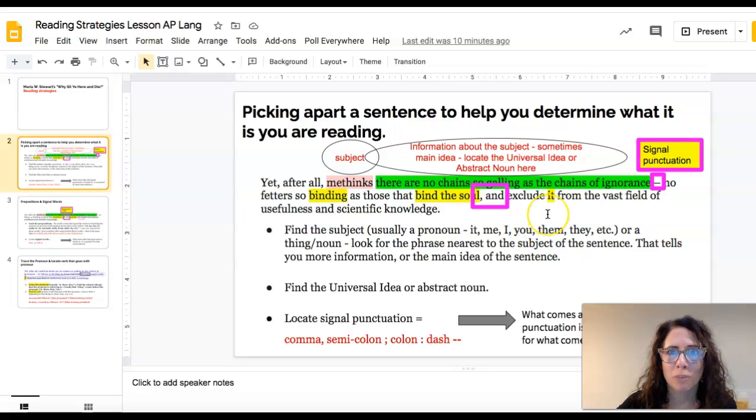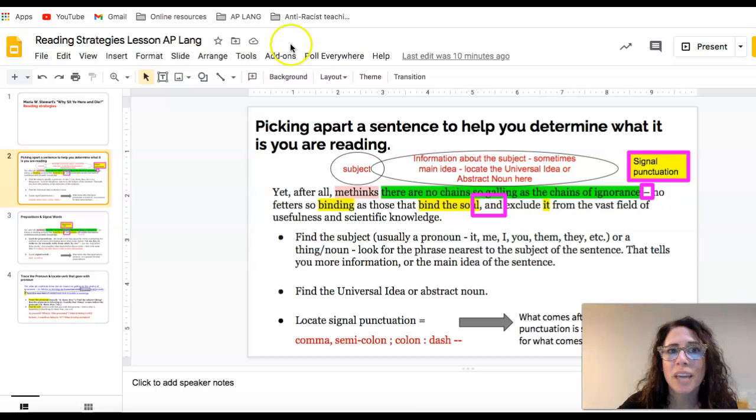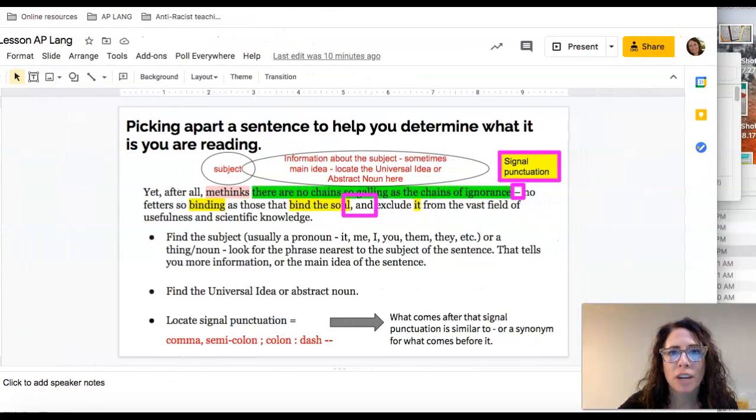It'll tell you more information and help you chunk and break down the pieces of a sentence. So when we have a complex sentence, we know that we can handle it by finding the parts of it, isolating the parts of it, understanding one part at a time, and then piecing it back together. So important, though, to read for universal ideas. This will center your reading and give your mind a clear direction.